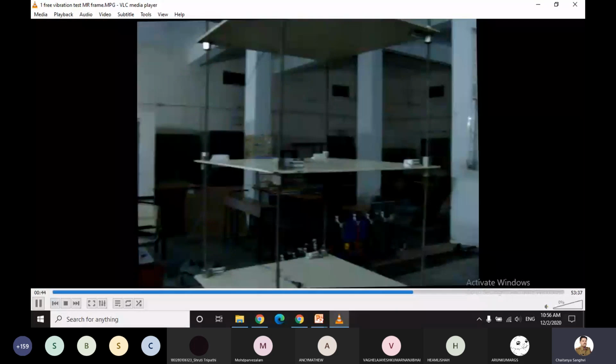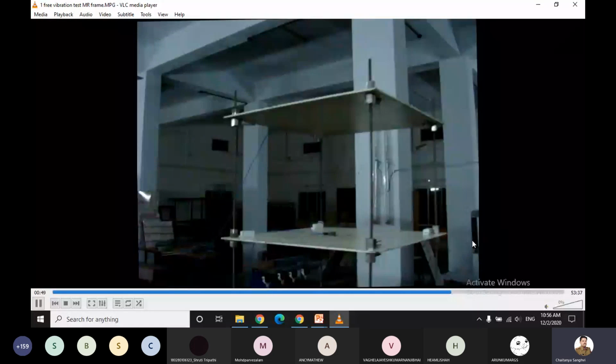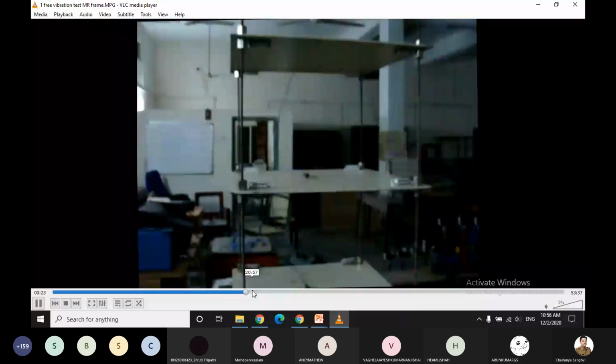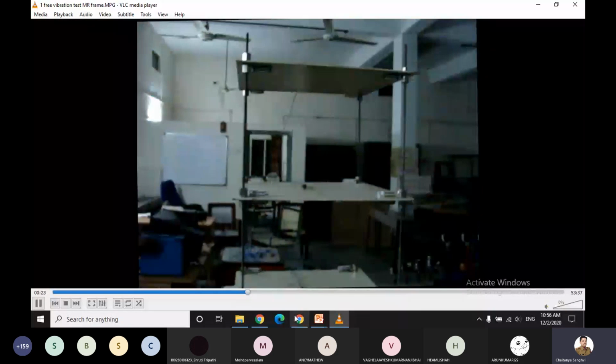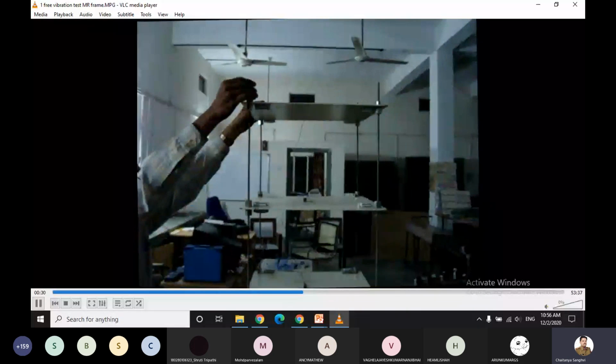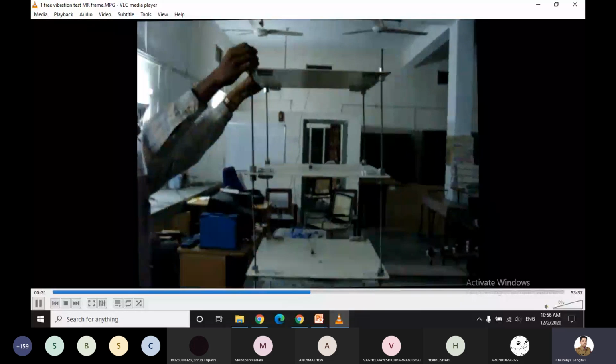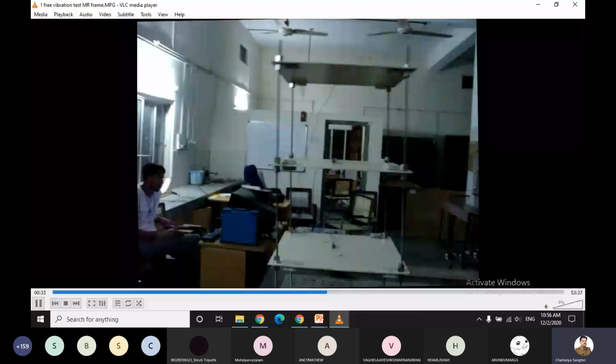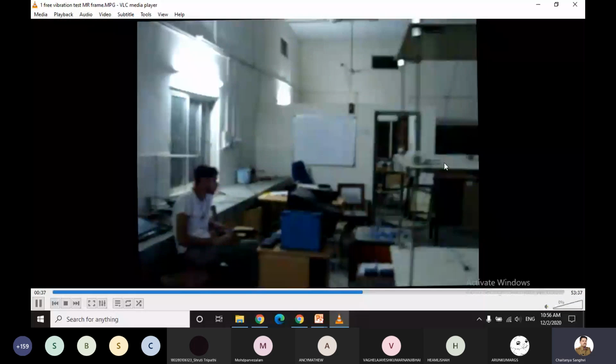So if there is no constraint, then your model is going to vibrate in its natural mode. Again, I'm repeating this because this is very important to understand. Here he is giving some displacement, so this is the free vibration test with the initial displacement. The model is vibrating because of its elastic property, and as we are not interfering with its vibration, it will vibrate in its natural mode, right?